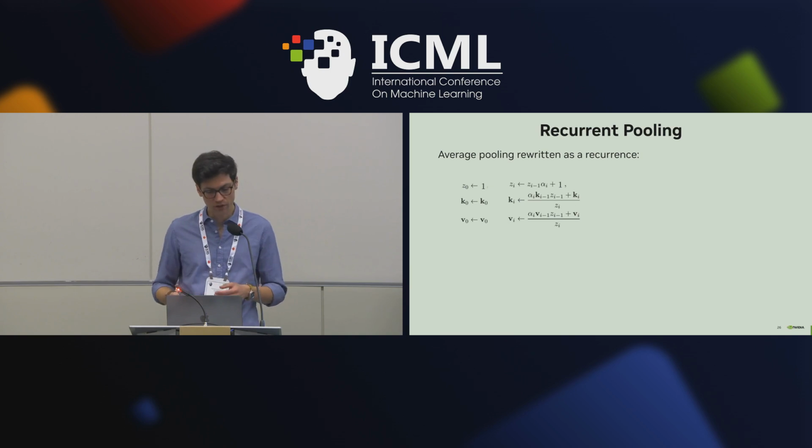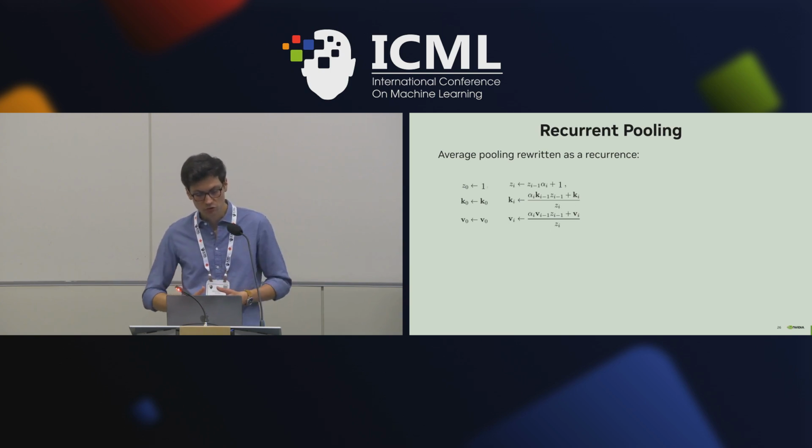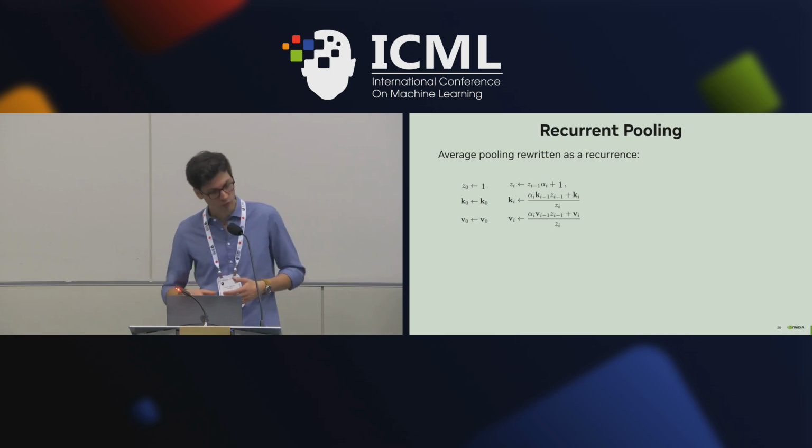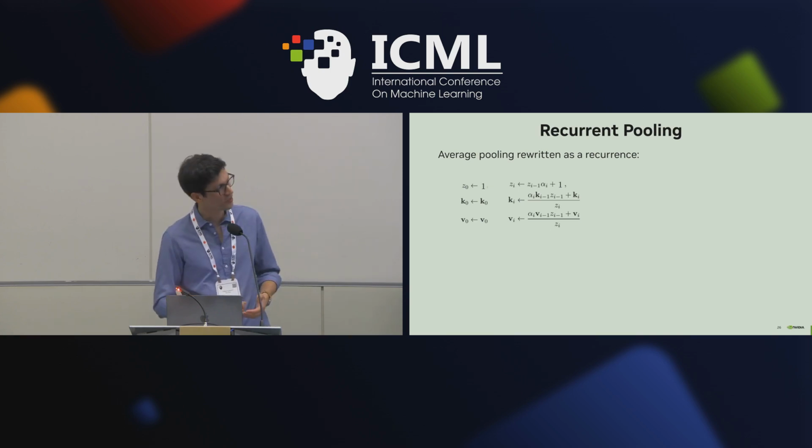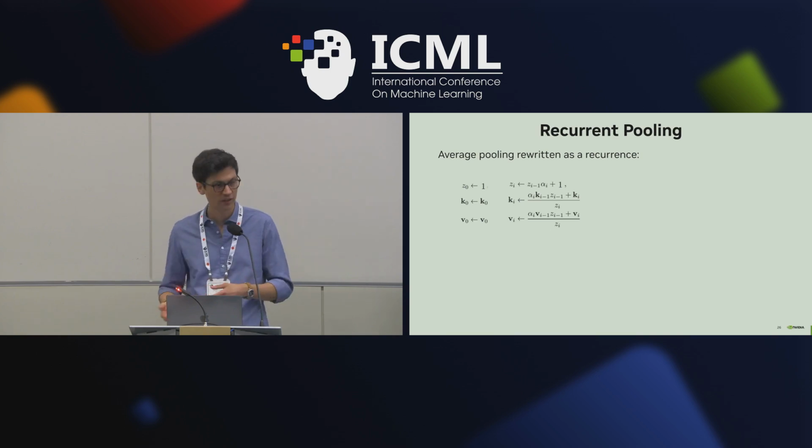Alpha is 0 or 1, so it either zeroes out the previous key or previous value or keeps it. And if you write down a couple of examples, what you get when alpha equals 0 or 1, you just keep either pooling or zeroing out.